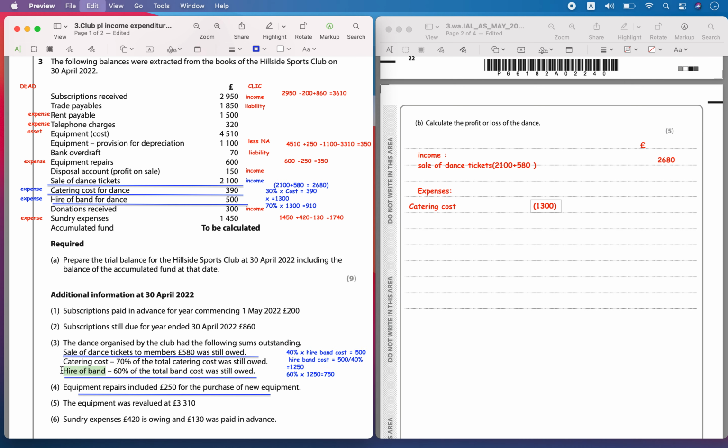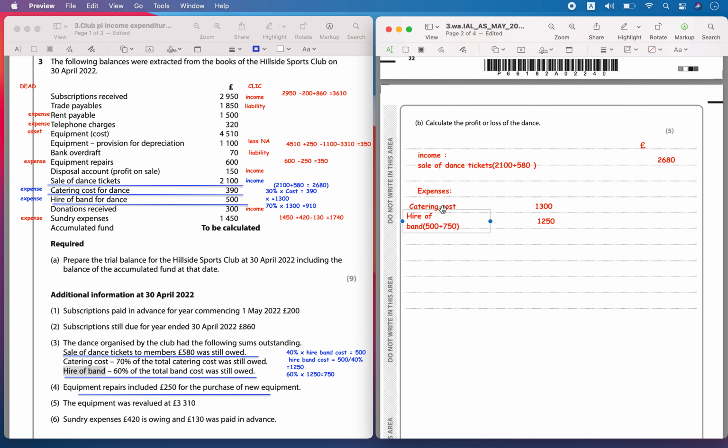So let's write that. Hire of band has two parts. Out of that, 500 has been paid and 750 is still owed. But the total expense that has been incurred is 1250. Let me put it here, all the expenses, and then I'll subtract it.